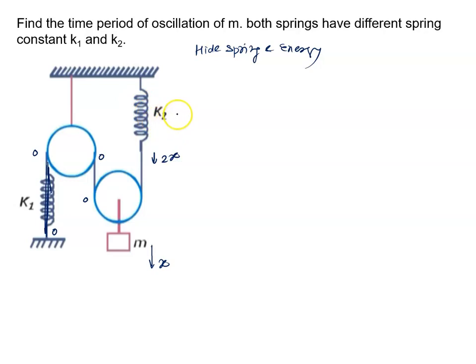It means energy is stored in spring 2. The energy stored in spring 2 is given by half k x square, so half k2 into (2x) square, which is half k2 into 4x square. Okay. Now we will hide the other spring, just erase it.